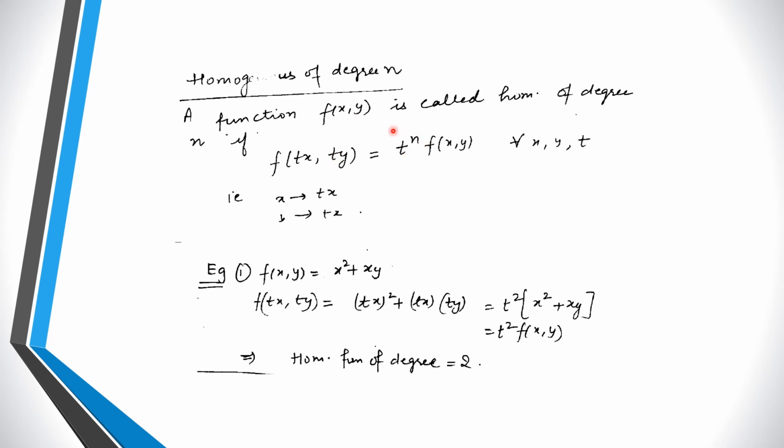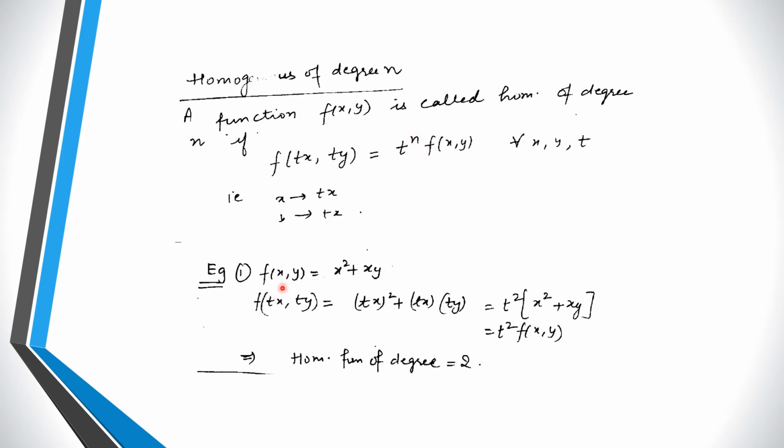If tⁿ can be taken common after replacing x with tx and y with ty, and this function separates, then this n denotes the homogeneity of degree n, that this function has degree n.